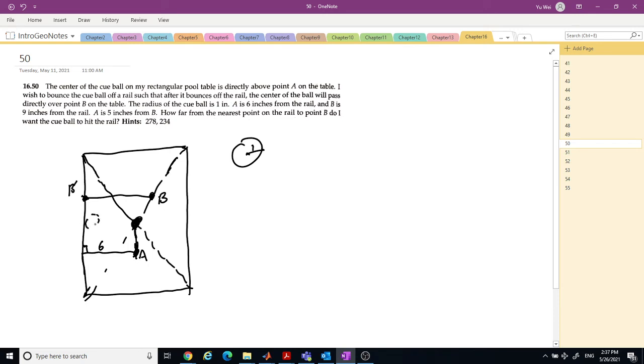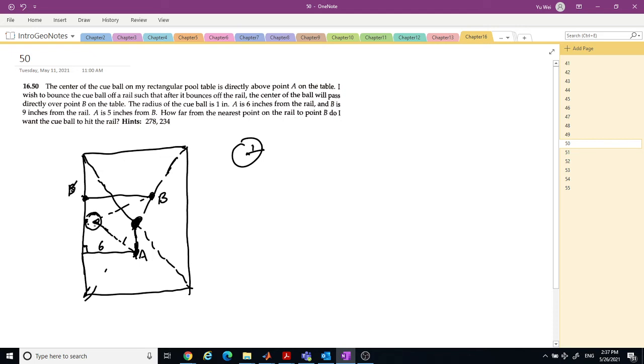Let's say there is a ball. We want to bounce into here, right? This is the center, so we want the center passing B. How do we deal with this? This is B prime.